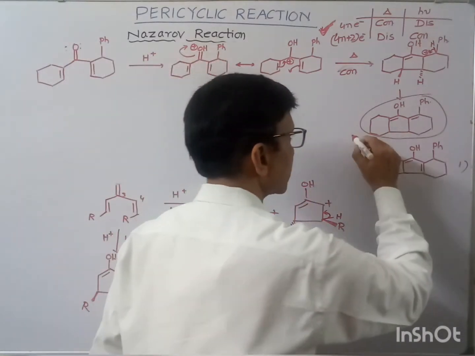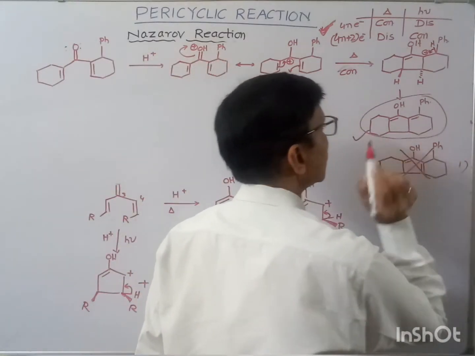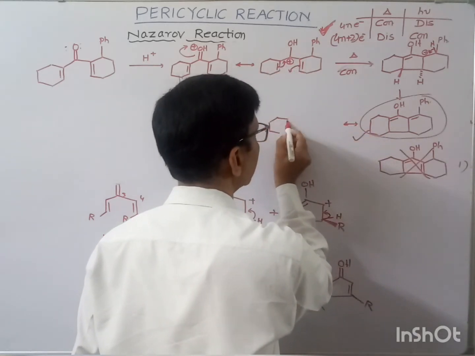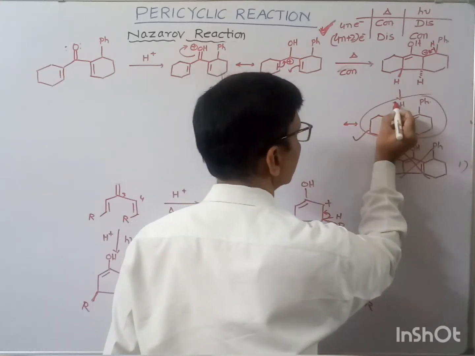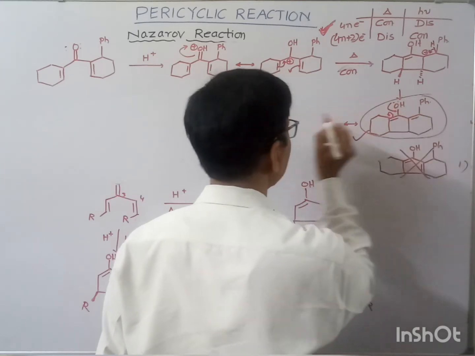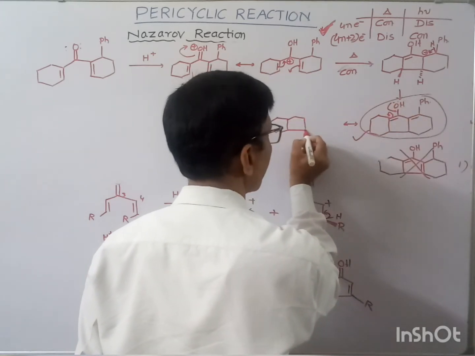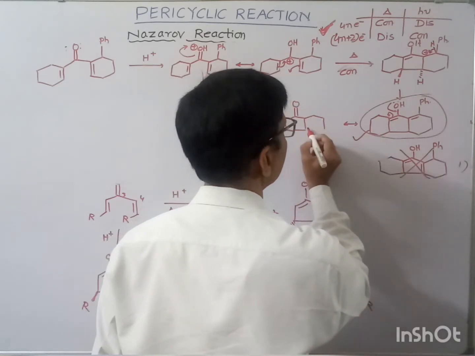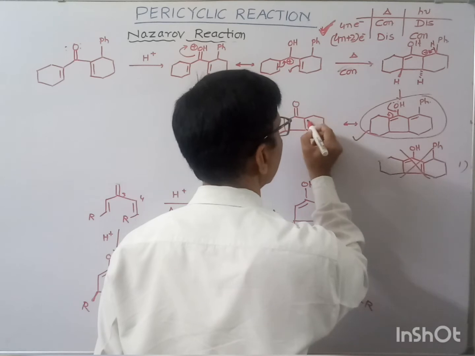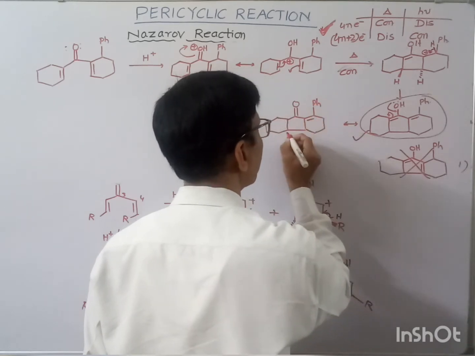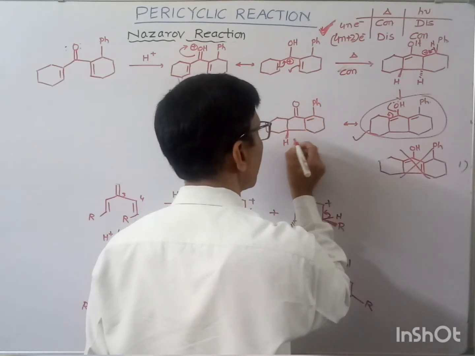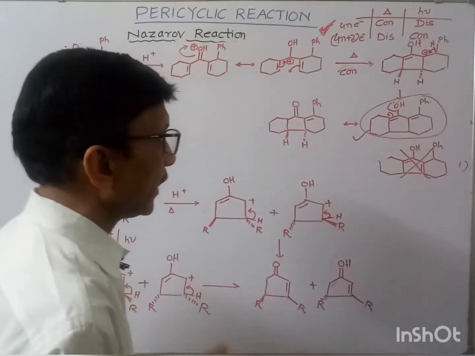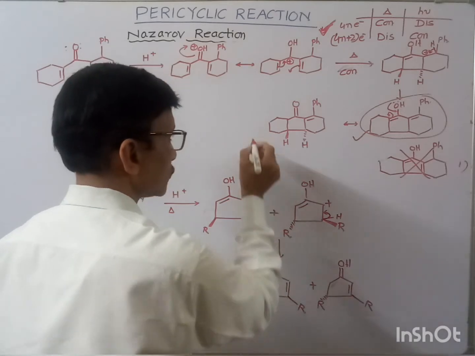That's why this is correct and this is incorrect. And finally it may get tautomerized, and after tautomerization we may write this one. And the enantiomer of this may also be formed.